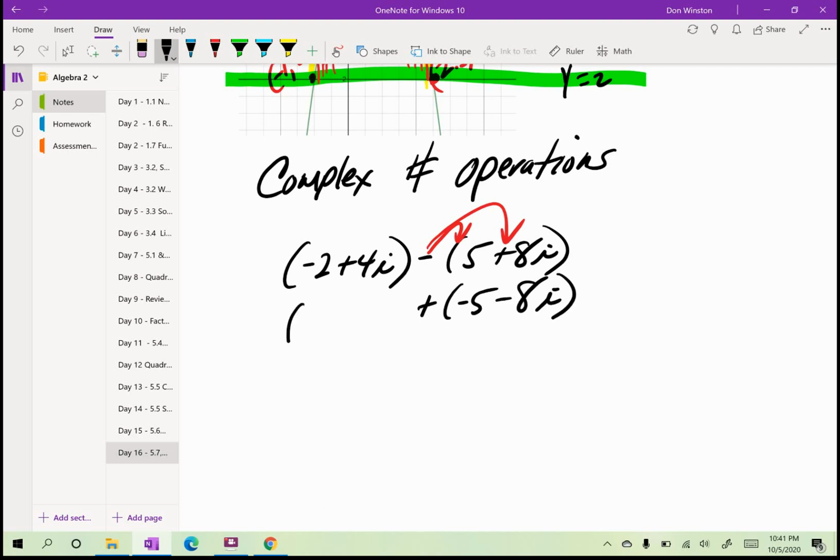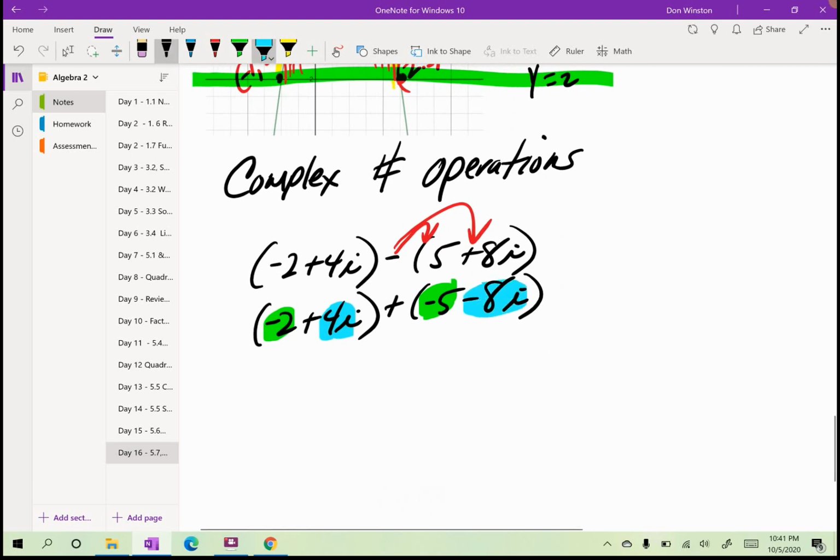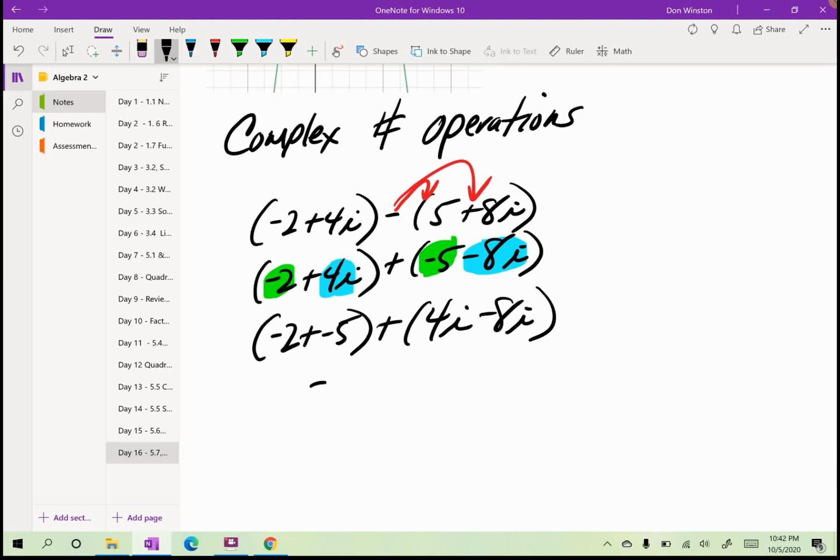Okay, and so we have -2 plus 4i. We add the real part, and then we add the imaginary part. Pretty easy to do. So we have -2 plus -5 plus 4i minus 8i, and then that will give us -7 minus 4i.